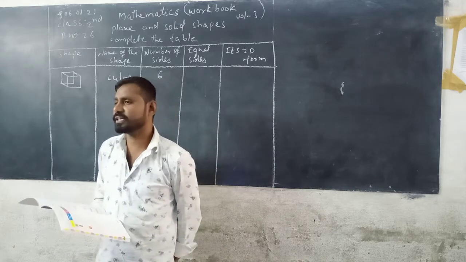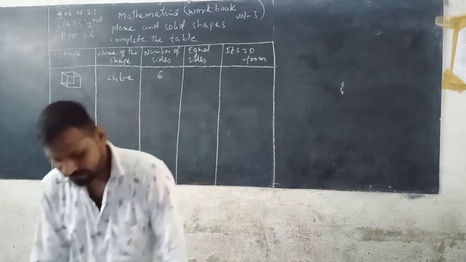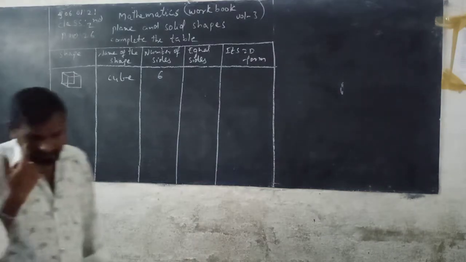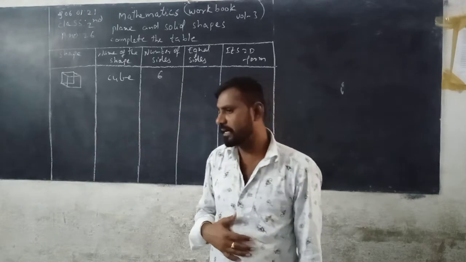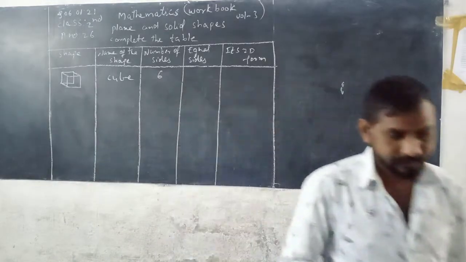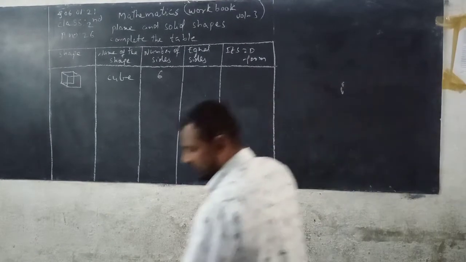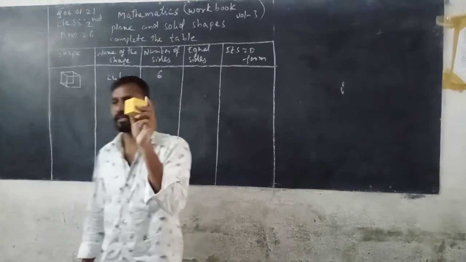So here, cube is in the shape of square. This is cube, already discussed.